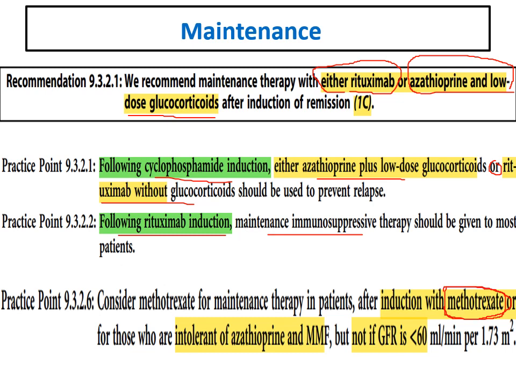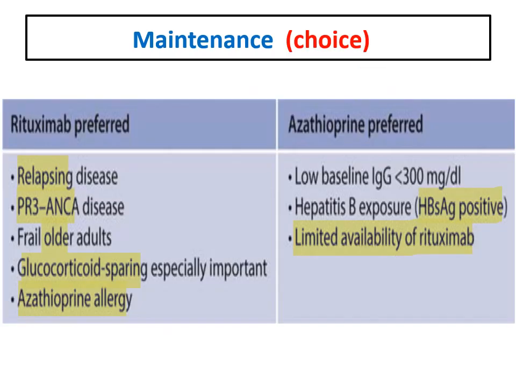Yes, we can use methotrexate for maintenance therapy if we used methotrexate for induction, or for patients who were intolerant to azathioprine and MMF, but not if the GFR is less than 60 mL per minute.